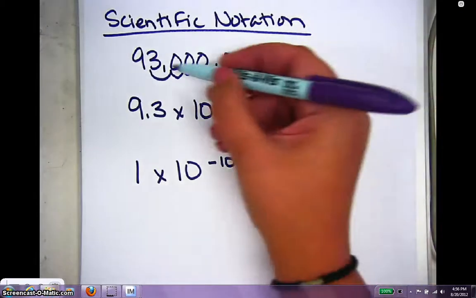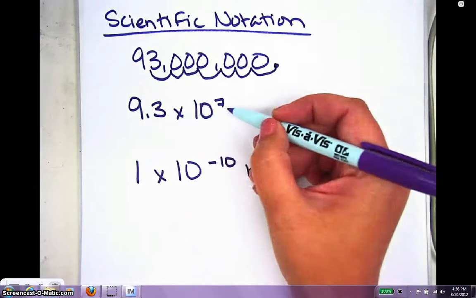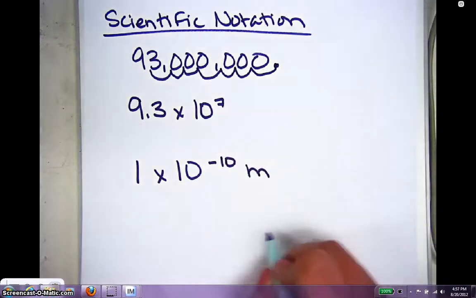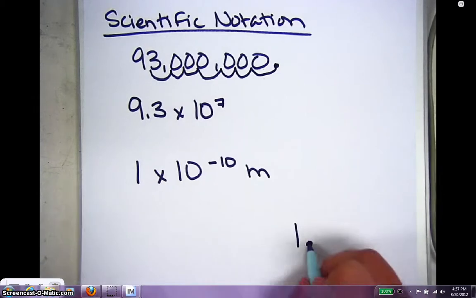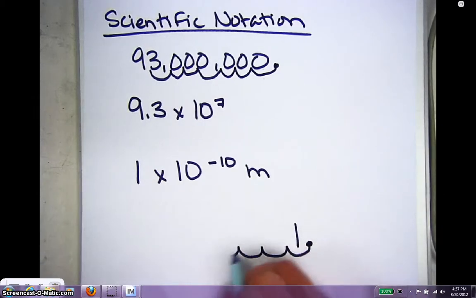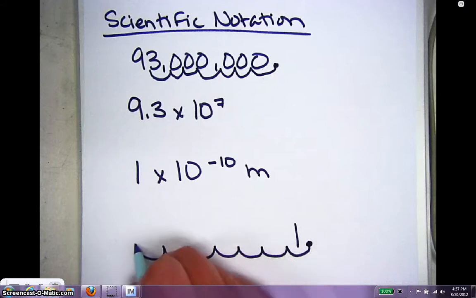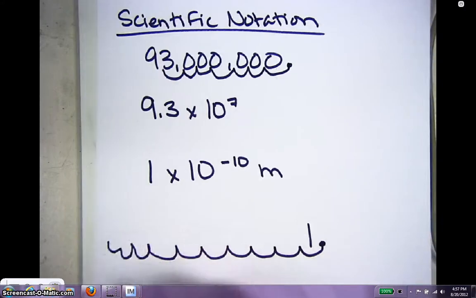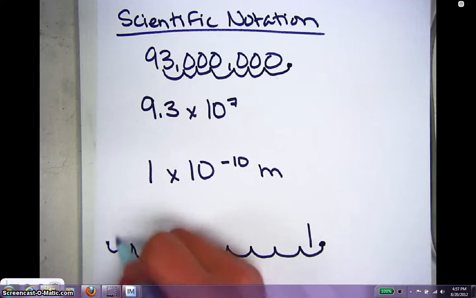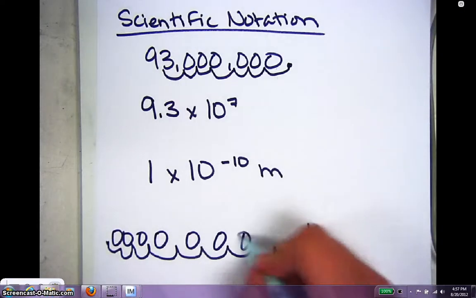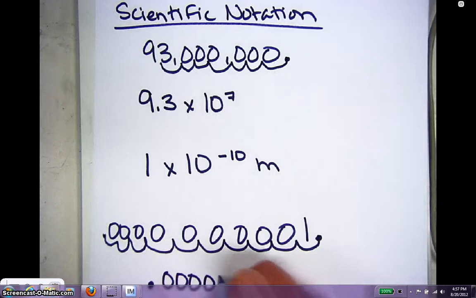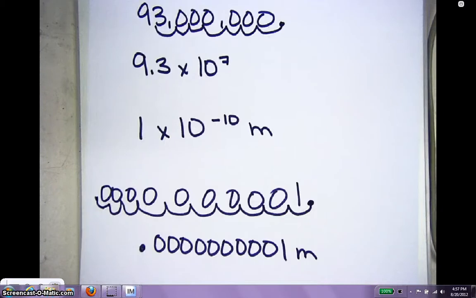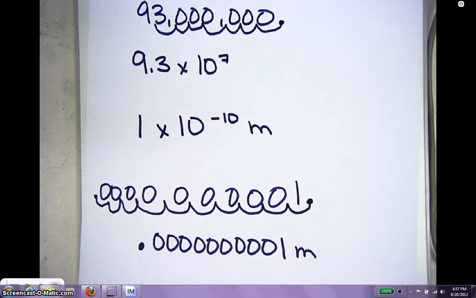Here I have a 1, and I'm going to move my decimal 10 places to the left. So I go 1, 2, 3, 4, 5, 6, 7, 8, 9, 10. I'm running out of room there. Okay. So we're going to fill all of those in with zeros. So the number is actually 0.0000000001 meters. Okay, that is the same as 1 times 10 to the negative 10th.